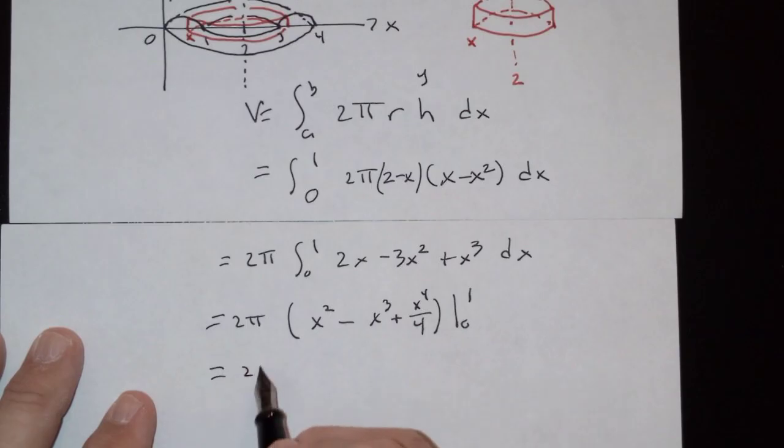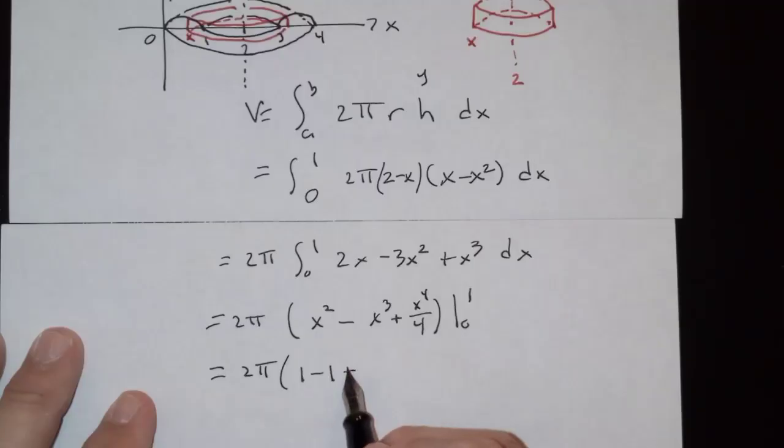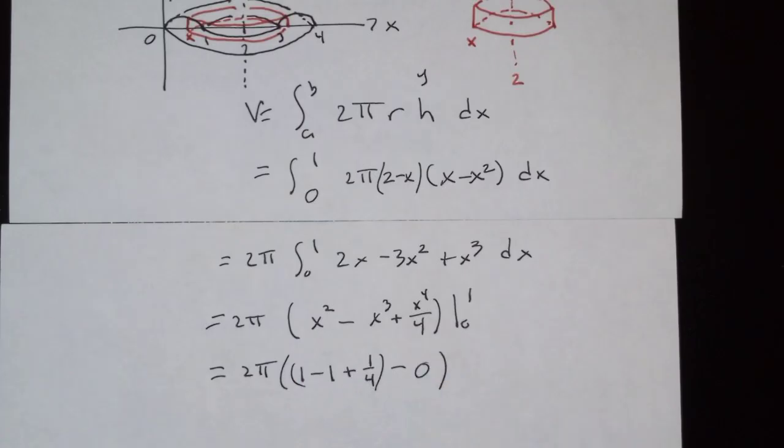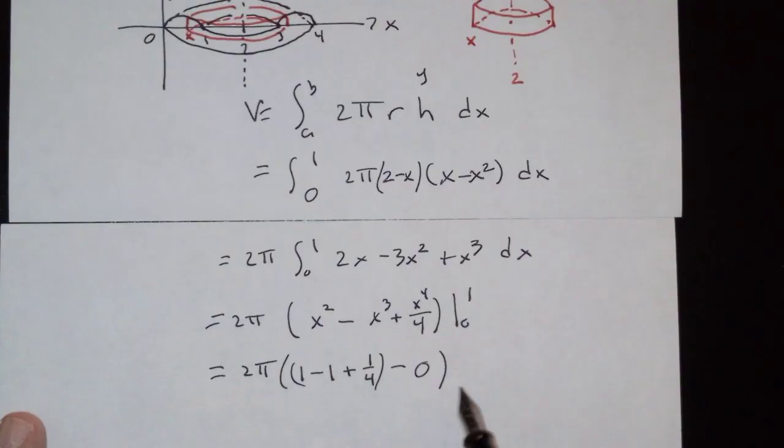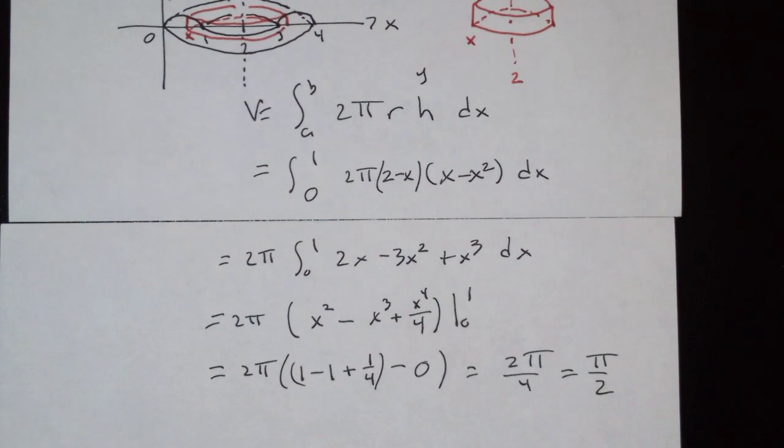When I put in 1, I get 1 squared minus 1 cubed plus 1/4. When I put in 0, I get 0. These ones cancel, so I get 2 pi over 4, or just pi over 2.